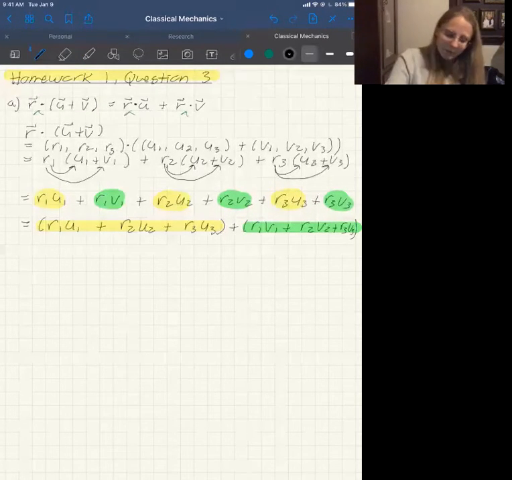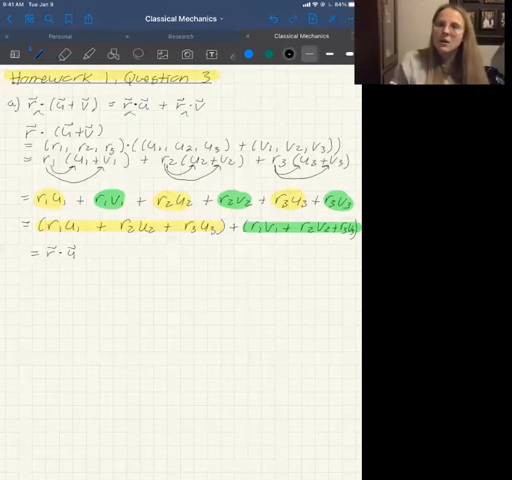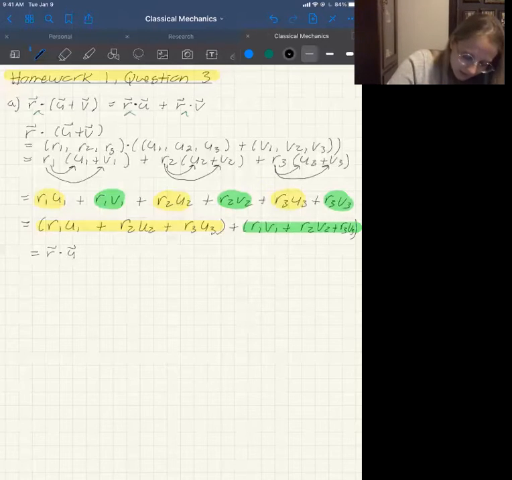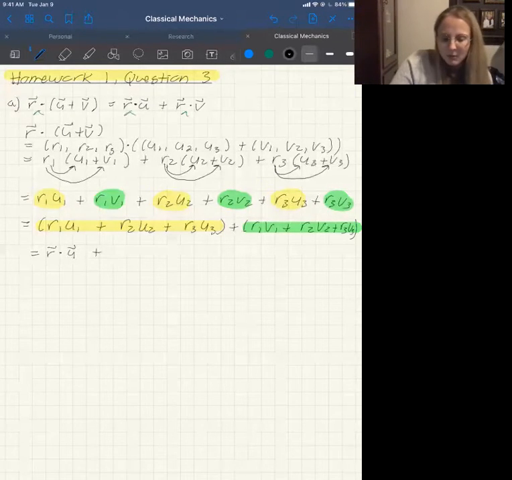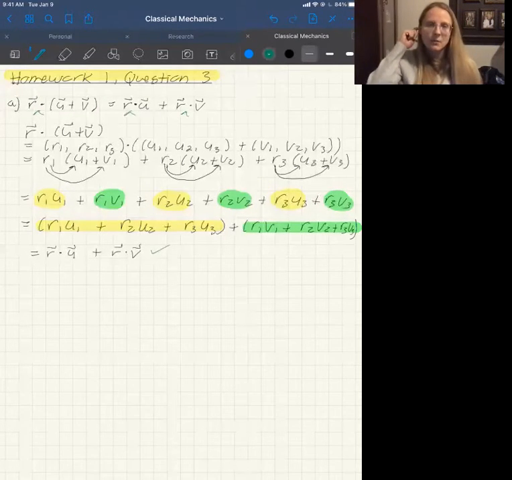But now look at what we have. R1U1 plus R2U2 plus R3U3 is simply the dot product of vectors R and U. And add that to the green term, which is simply the dot product of vectors R and V. I end up with R dotted with the sum of vectors U and V is simply the dot product of R and U plus the dot product of R and V, which is the identity I was trying to prove.